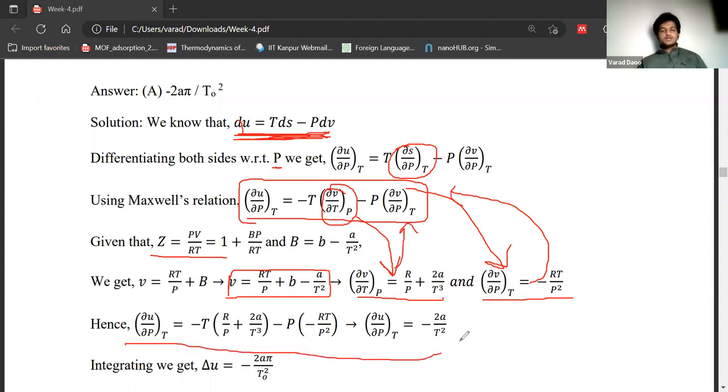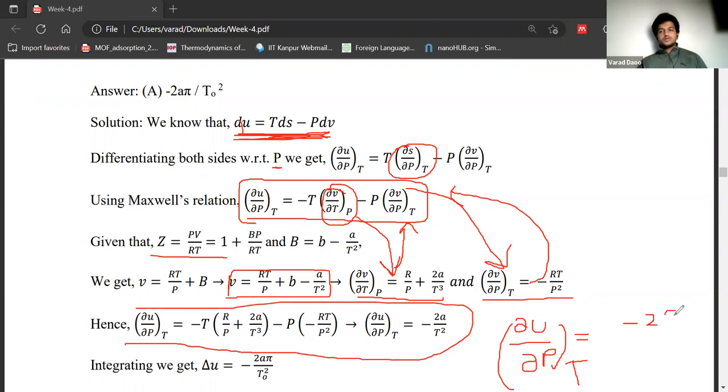What we basically get is (∂U/∂P) at constant temperature equals minus 2A by T squared. Now we just integrate it from T equal to T0, with the limits given in the question, and we end up with this: delta U is nothing but minus 2A pi by T0 squared.